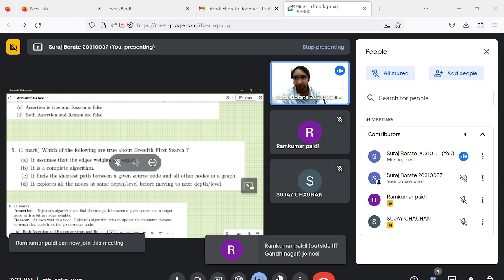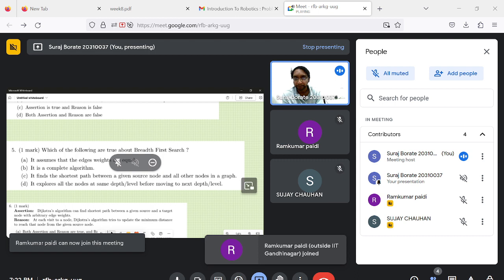Once you get h of x, for every step you can compute f of n: g of n plus h of x, and you get f of x. Then you choose the minimum f of x to add the node.